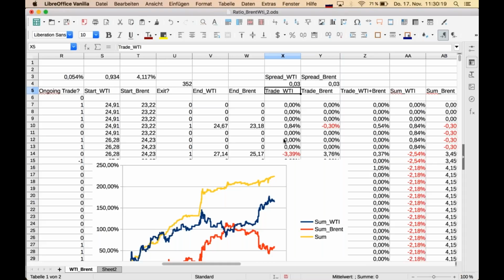But now the tricky part comes. The tricky part, which has to be done: it's nice to have all trades in percent, and we have done all the summation in percent. So we simply sum up all changes of all single trades. But finally, we do not trade percent.